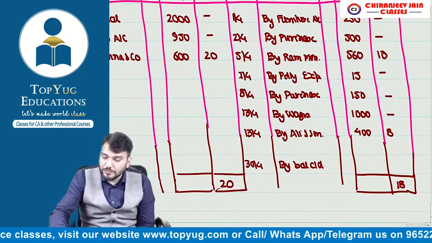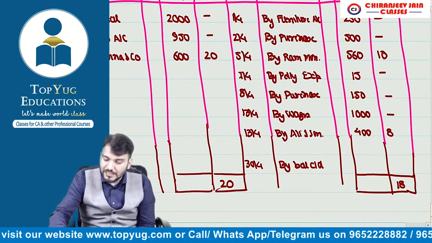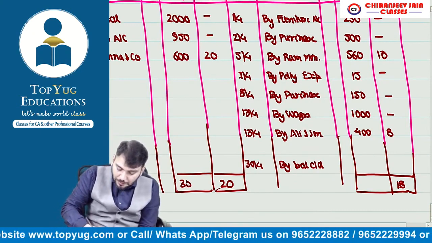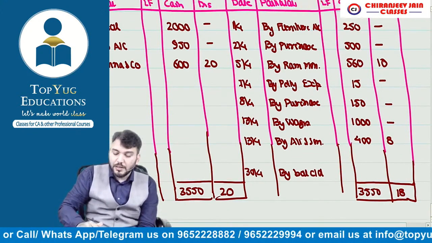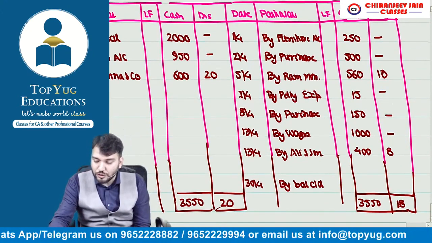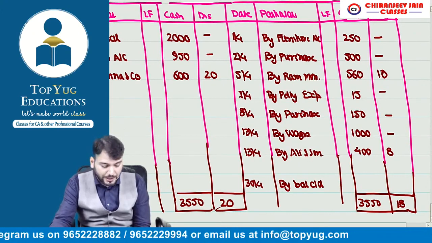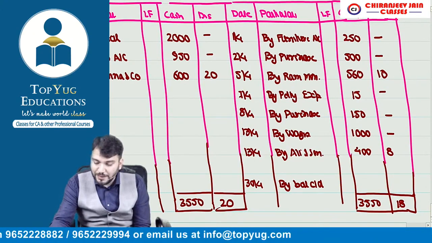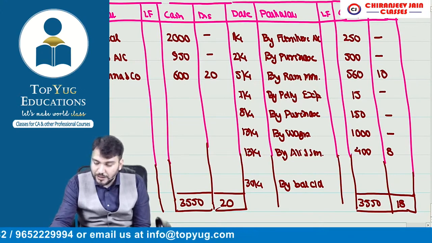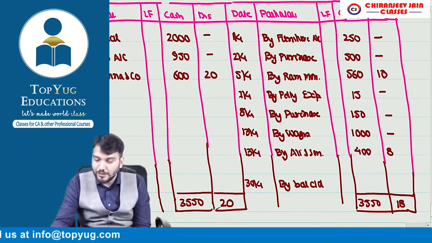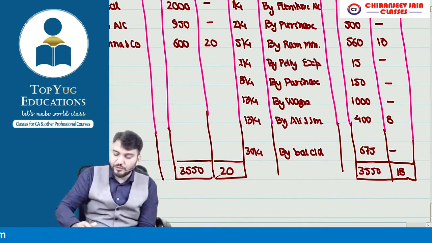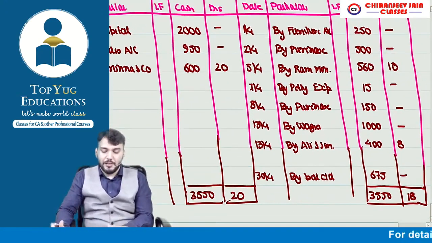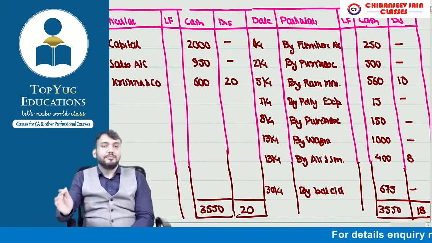So 2000 plus 950 plus 600 comes to 3550, we write 3550 here, and now we can find the balance. So minus 250, minus 500, minus 560, minus 15, minus 150, minus 1000 and minus 400. So how much balance came? 675. Understood this point? Very simple. Any doubt?